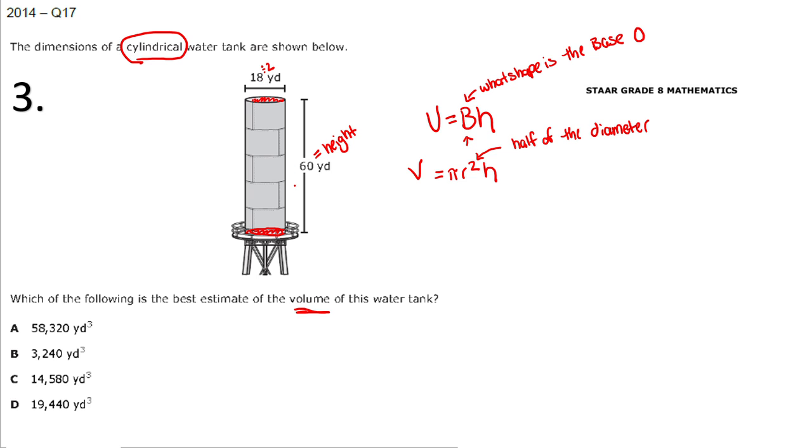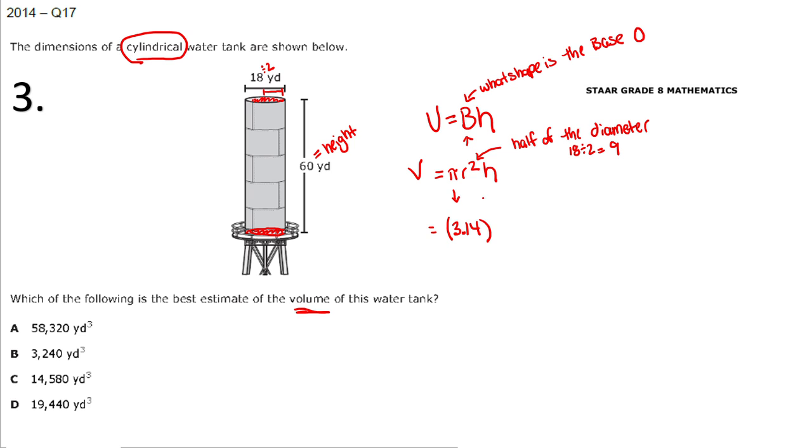Now if that 18 was only going halfway, then that would be the radius. But since it's going all the way across, we've got to divide it by 2. So we do 18 divided by 2 to be 9. Okay, let's plug everything in with parentheses. So this pi, use 3.14.